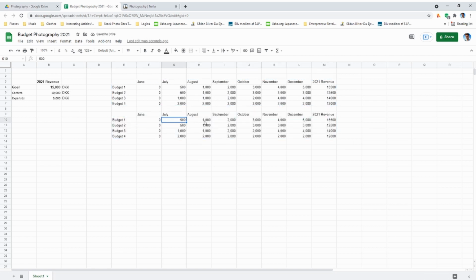But let's say that that means this is 1,500. That makes this 3,000, 6,500, 10,500, 15,500. There you go. Then we don't need these. Is there a quicker way to make this cumulative? I'm not quite sure.